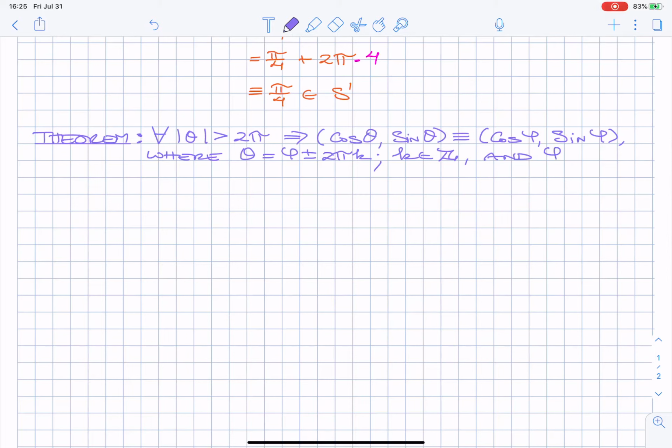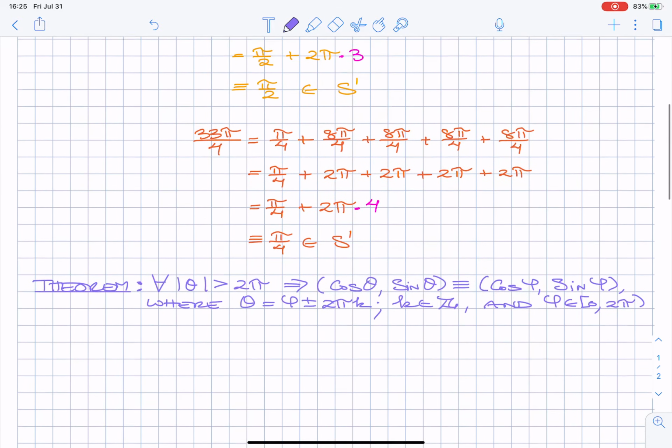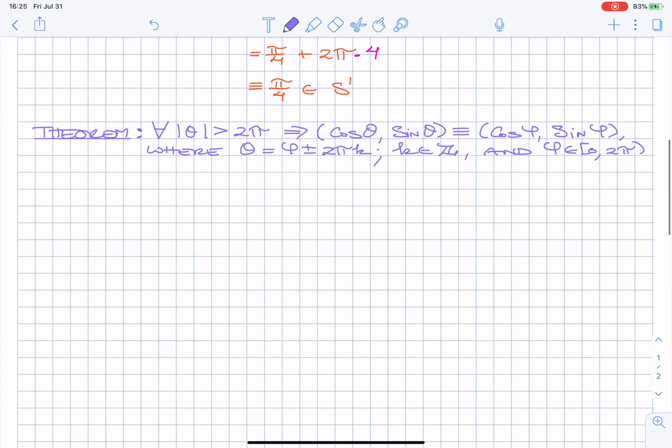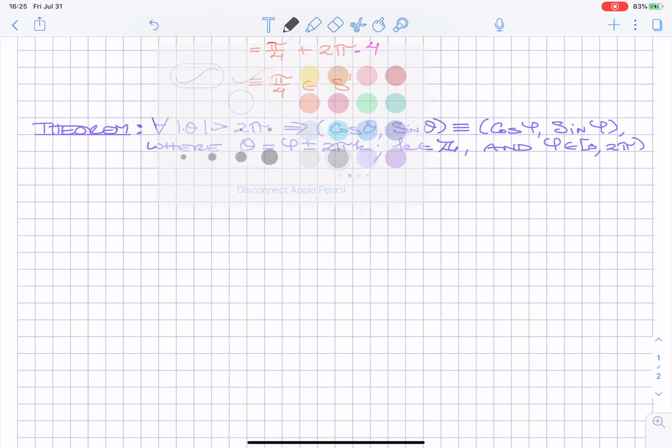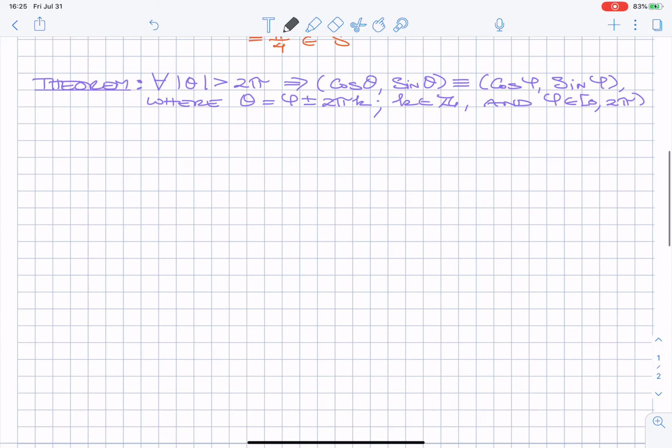Phi is between 0 and 2 pi, on the interval between 0 and 2 pi. So basically I'm just restating what we have above. The point cosine of phi, sine of phi on the unit circle is the same as the point cosine theta, sine of theta on the unit circle.